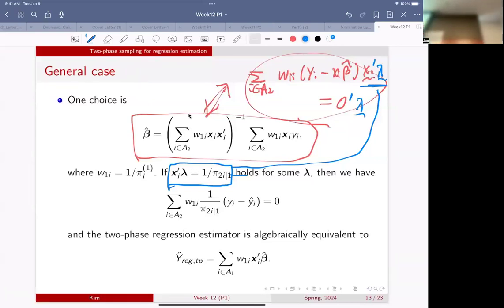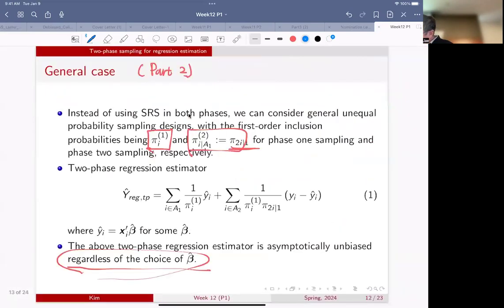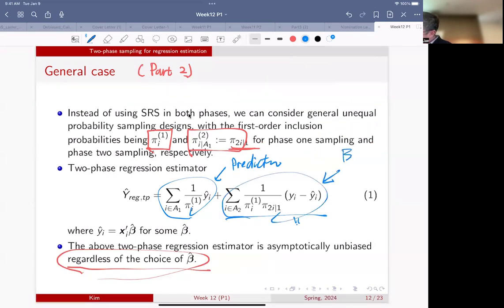Because this is an equation, you can apply it. The equation leads to this, which can be written as this group. So that means the second term is equal to 0. This one is a prediction. This is a bias correction, right? The prediction depends on beta hat, depending on how you want to predict.